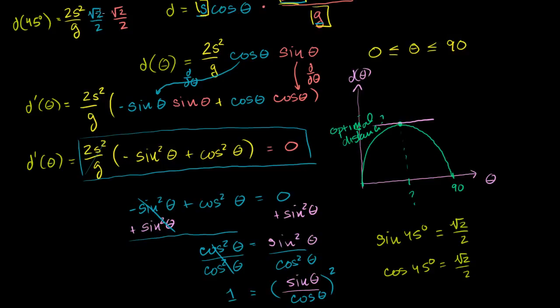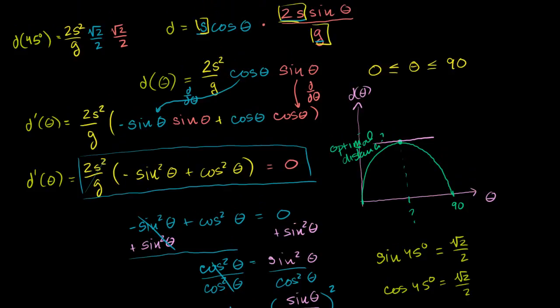Well, what's the square root of 2 times the square root of 2? That's just 2. This 2 cancels out with that 2, and this 2 cancels out with this 2.